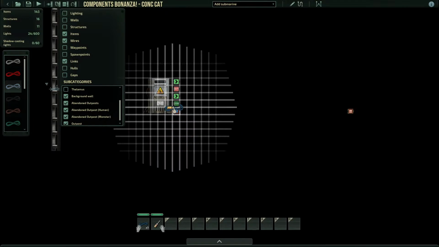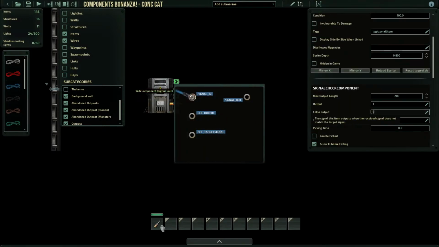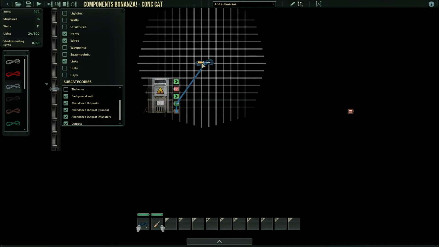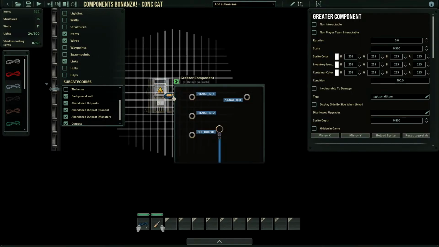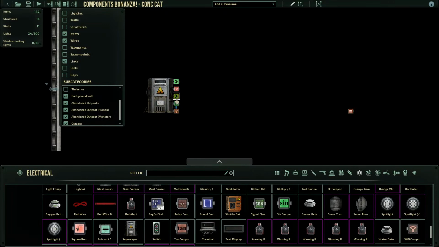Wi-Fi component signal out to the signal check, signal in. If we get a 1, we want a 69 here, and we want a 100 here. Entire signal 1. What am I doing? Hang on. Don't need these.